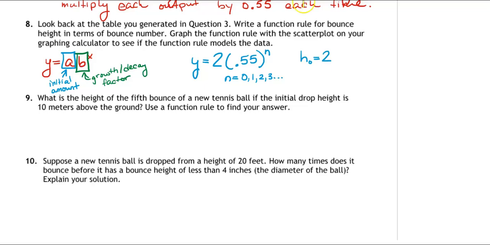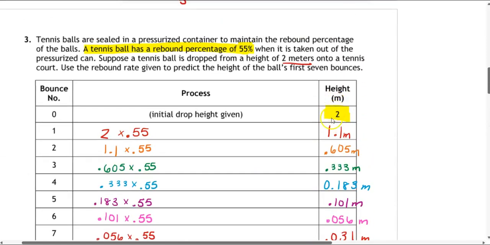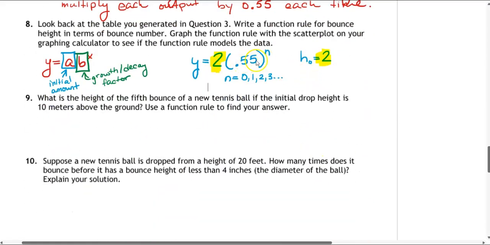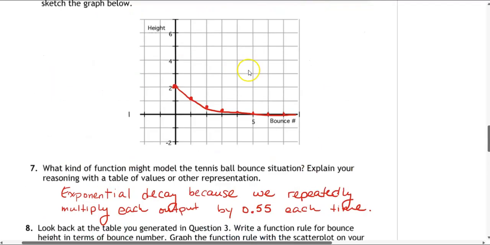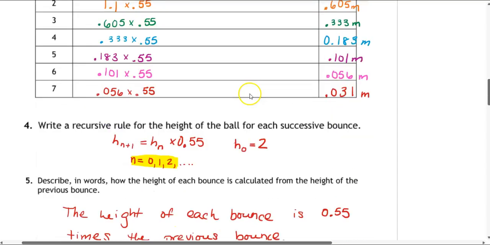Now again, I get that 2 right here from the 2 right here, which also matches the 2 right here in my table. That's where it's all coming from. Just like that 0.55 is that 55% from my bounce amount. And that's right here, that 55%. That rebound percentage is 55%.